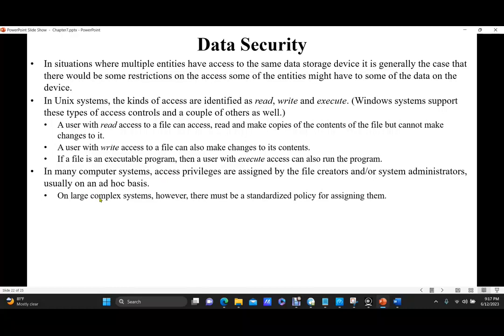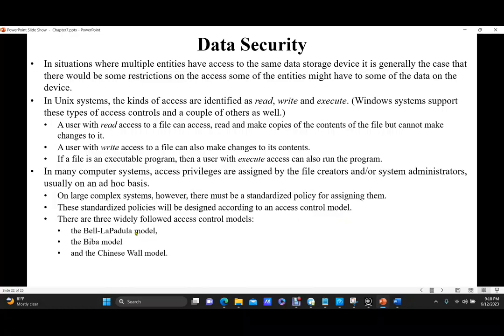On large complex systems, however, it's important to have a standardized policy for assigning access privileges. These standardized policies should be designed according to some access control model.